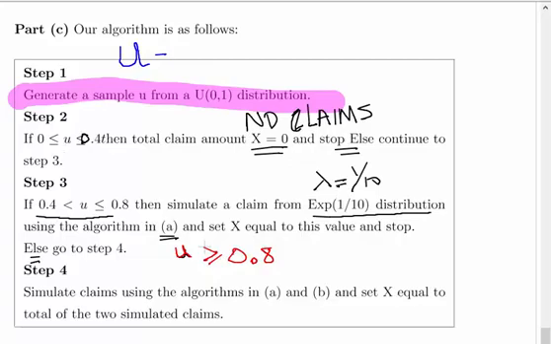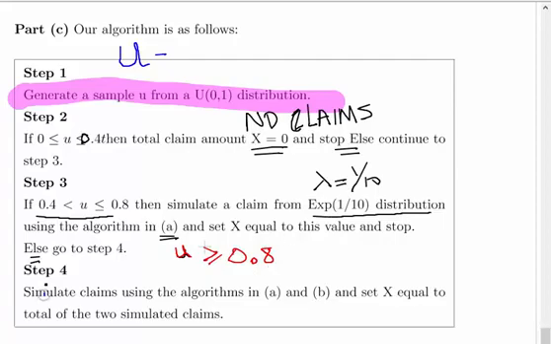But then we would also use the uniform distribution in part A and part B. So obviously you pick a different number there, use a different uniform random variable. Each time you need a uniform random variable realization, use a new one. Don't use the same one for each.